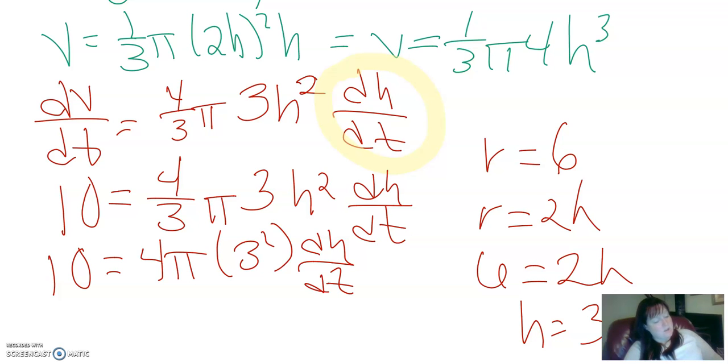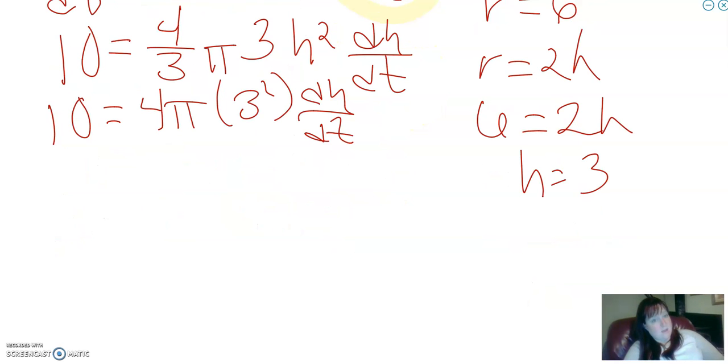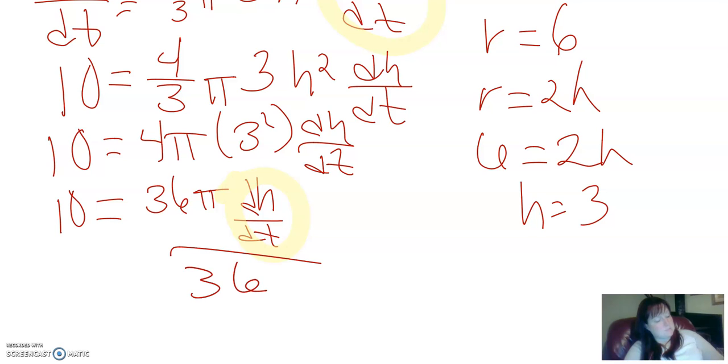Now we just start solving, right? So we have 10 equals 9 times 4, which is 36 pi dh/dt. And again, we're trying to find dh/dt, so we divide both sides by 36 pi.